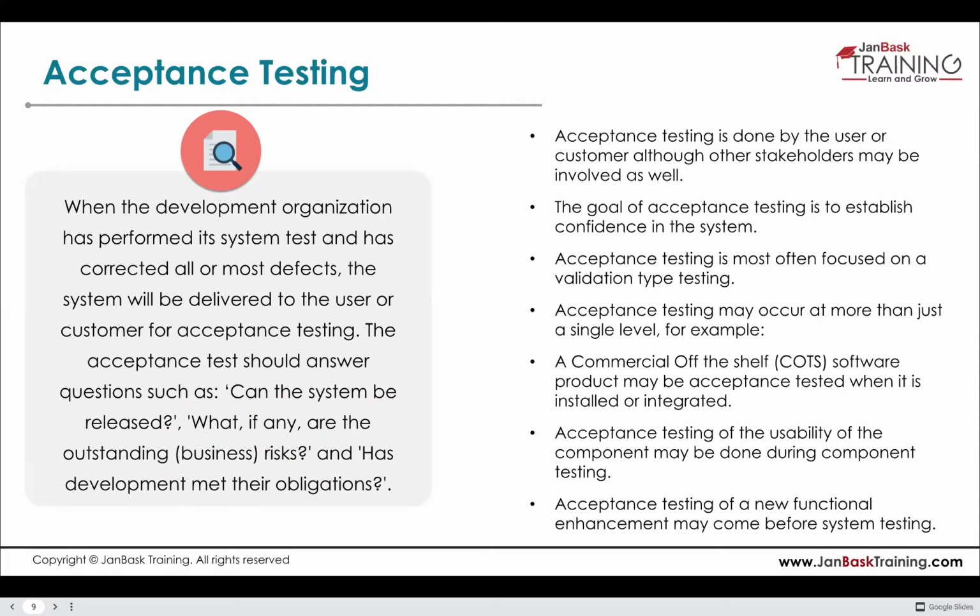Acceptance testing is done by the user or customer, although other stakeholders may be involved as well. There are different types of acceptance testing, which we'll see in the next slide.